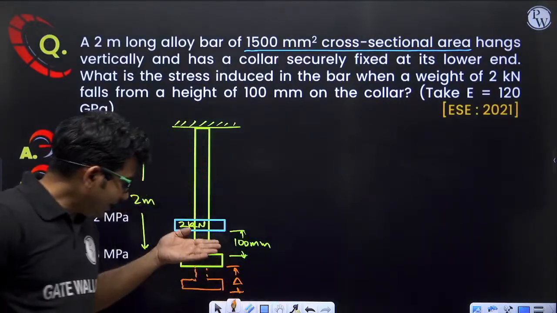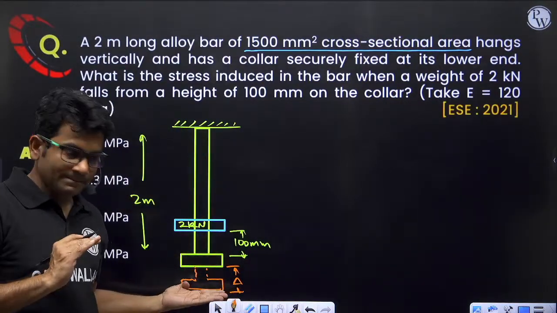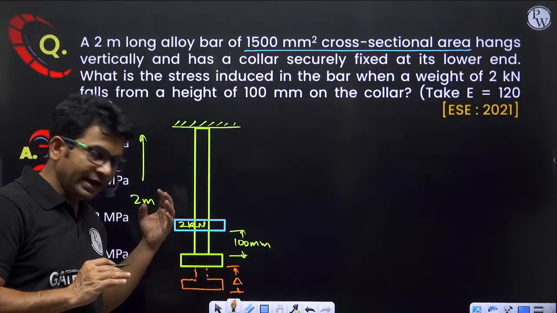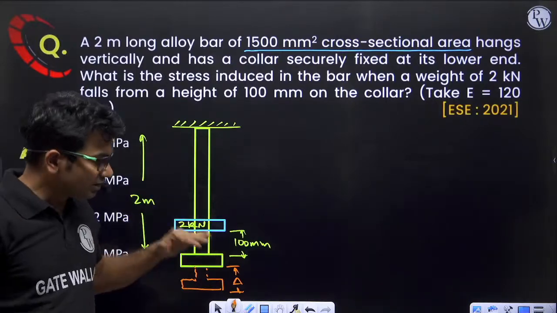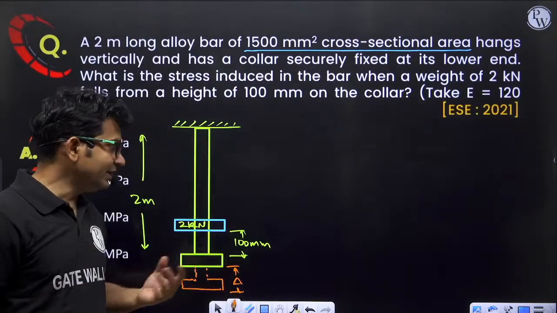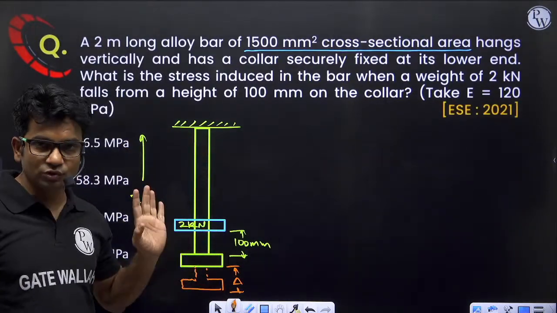At this maximum elongation, the kinetic energy will also become zero. So the entire potential energy converted into kinetic energy, and that kinetic energy converted into strain energy stored in the bar.